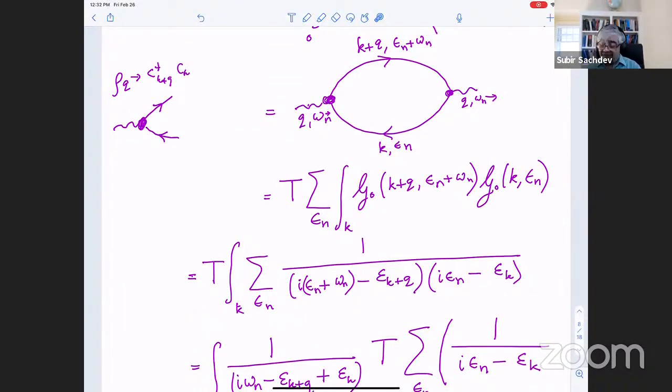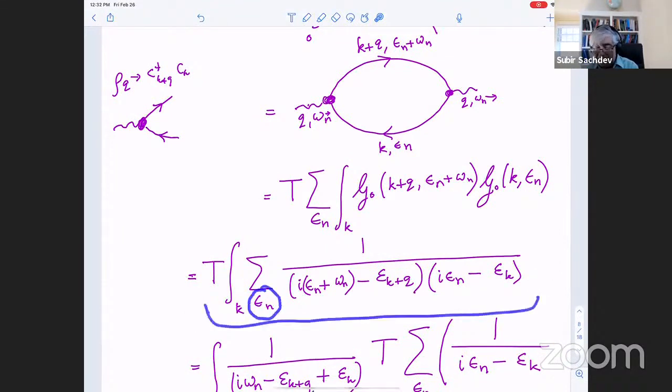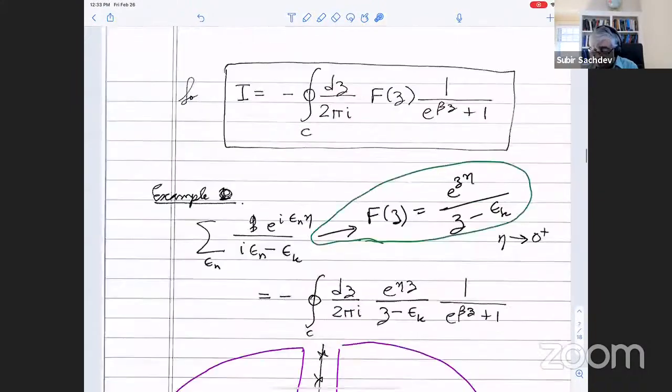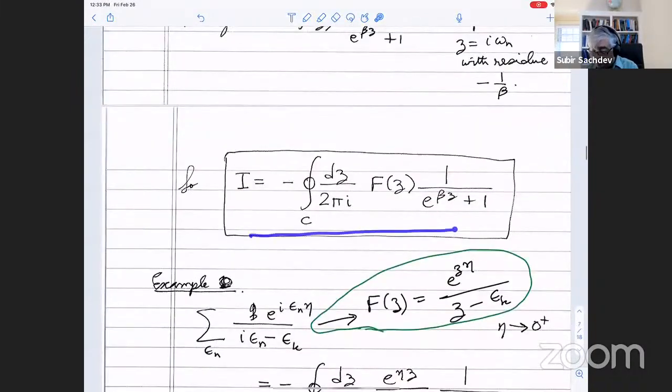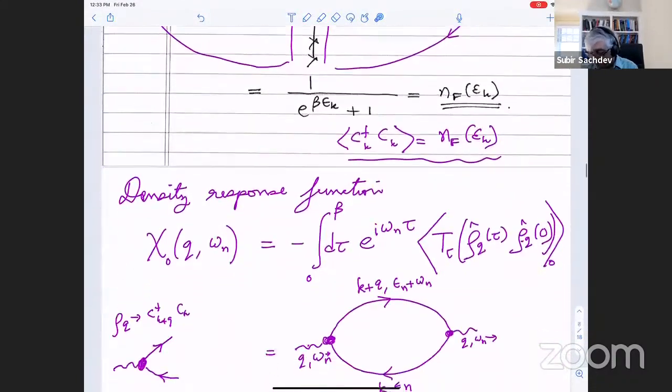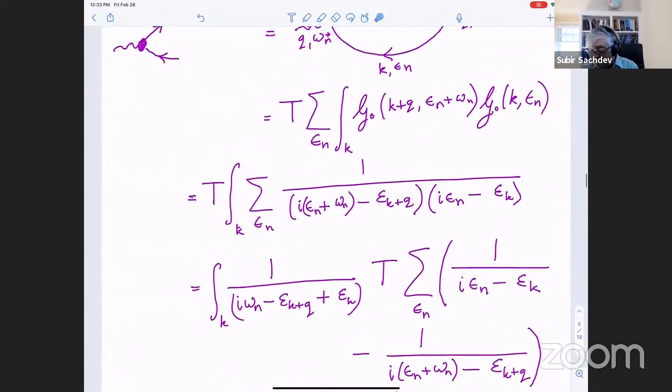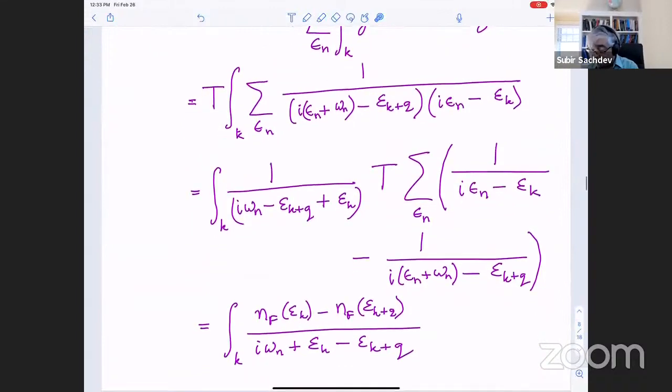Now I'm faced with evaluating the summation over epsilon. And depending on taste, you could take this expression and go back to our magic formula here and evaluate it using that. Or I take a more predictive approach. Every time I do contour integration, I'm guaranteed to make sign errors. So I just use the partial fraction trick.